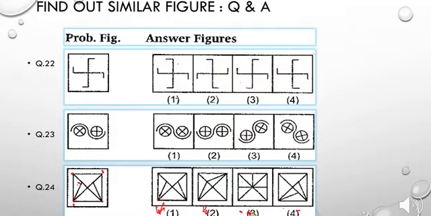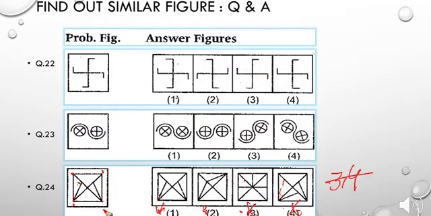Option 3, it is not there. From here till here it should go this side, it is not here. In option 4, is it there? No, it should be somewhere here. From here to here it is not there, so this can't be the answer. Option 3 and option 4 are not possible, so we'll check for option 1 and 2 again.